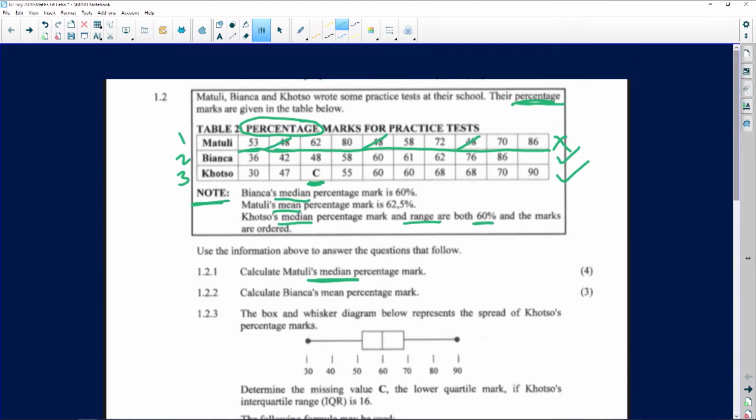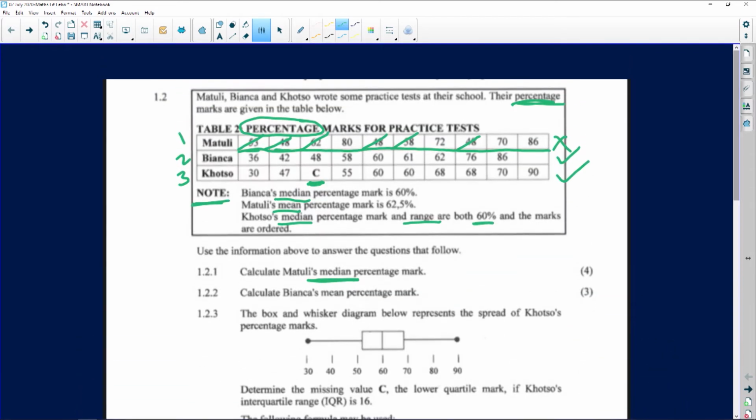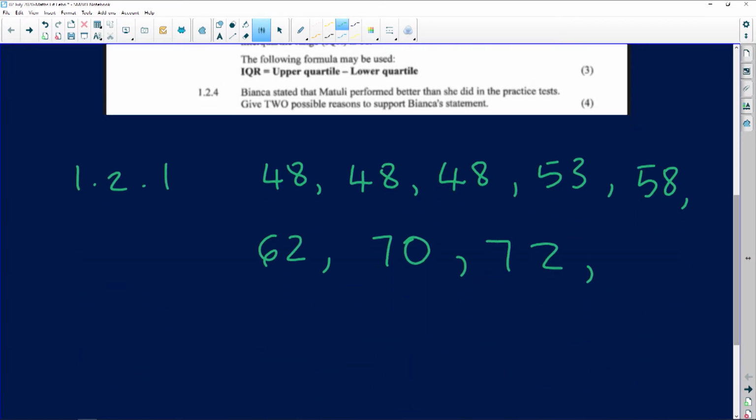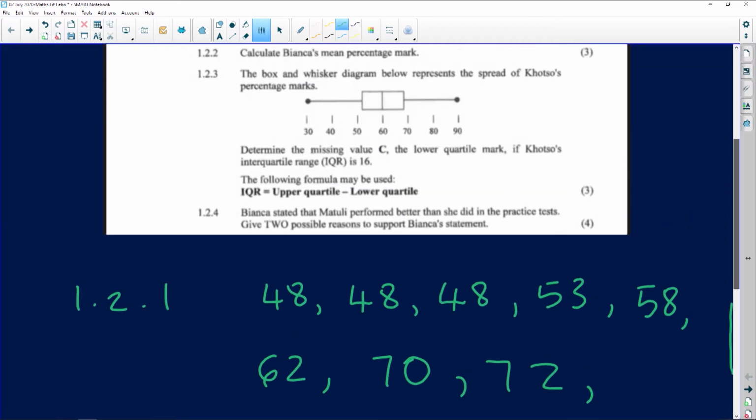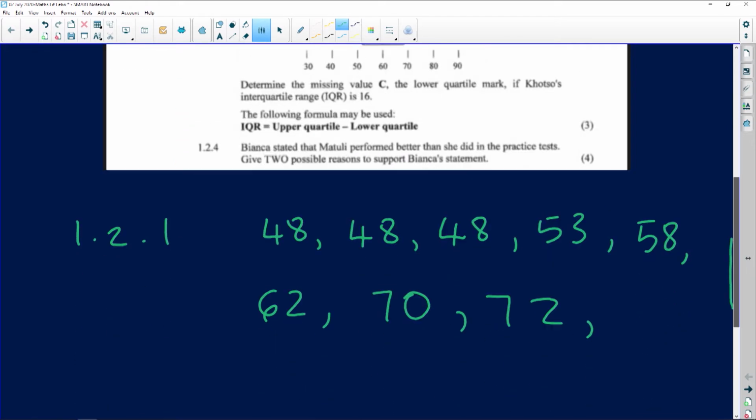I've removed my 53, my 58. So I've removed 58. I've removed 62. Now I am left with 70, 72. There, I've got my 70 and my 72 that I have worked with. 70, 72, followed by 80 and 86.